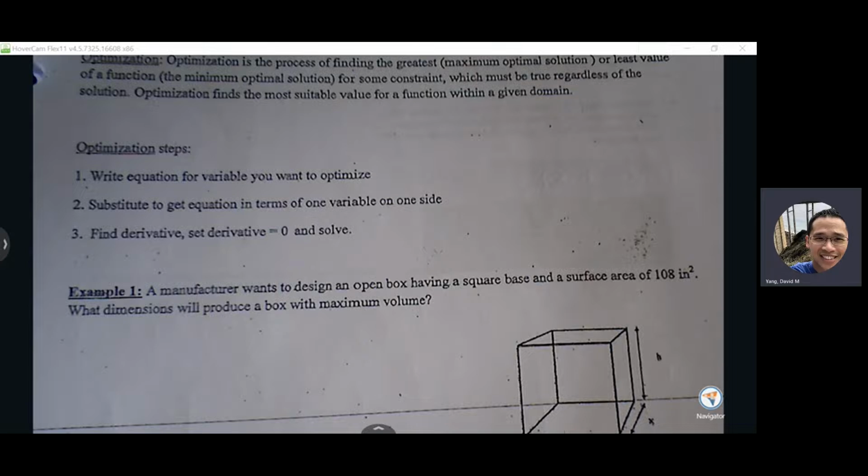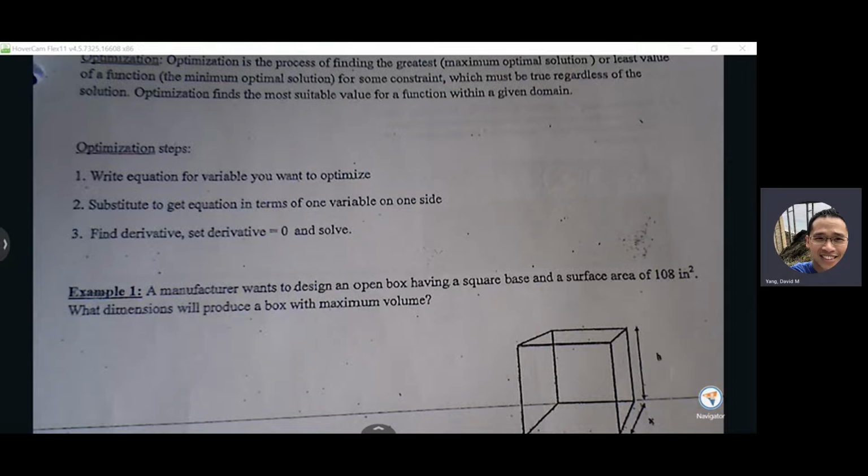We're going to have to substitute to get the equation in terms of just one variable on one side. So that's the challenge, to get that right side just in terms of one variable. And then becomes the more straightforward part. We just get that equation set up ready for derivative, go through power rule, find the derivative, set equal to 0, solve for x. And then we just go back and read the problem to make sure that we're providing the information that they're asking for.